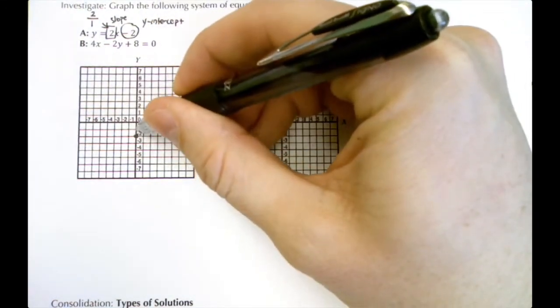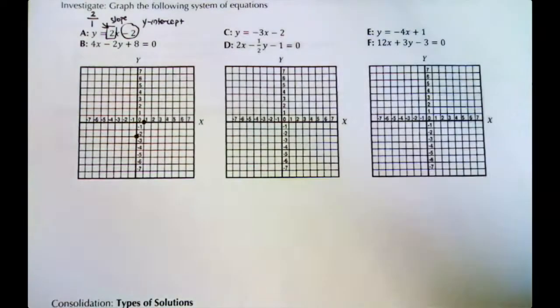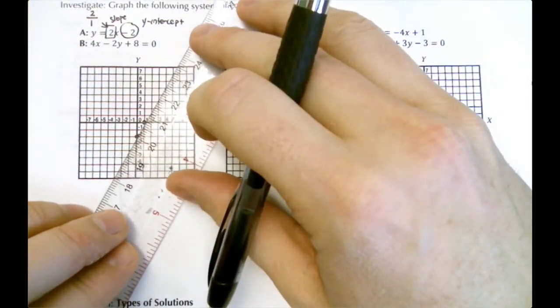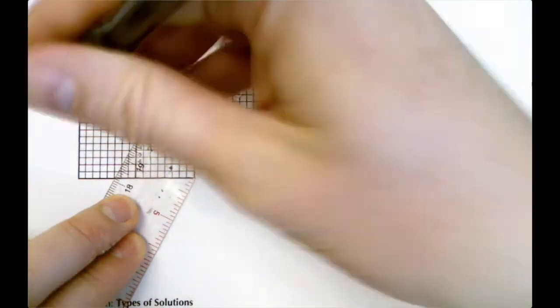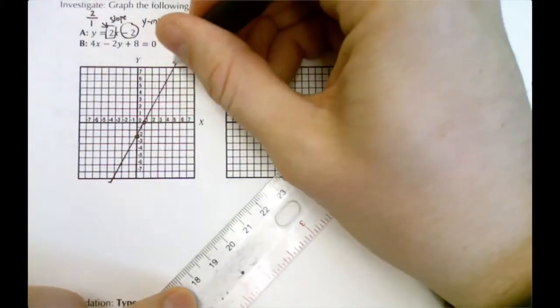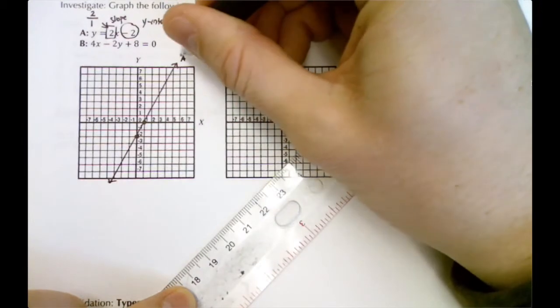I'm going to go up 1, 2, and I'm going to go over 1, and I'm going to draw another dot. Once you have two dots, you have enough to draw a line. So I'm going to take my two dots, use a ruler, connect them, and draw a line. And this line, with arrows on the end, represents equation A.